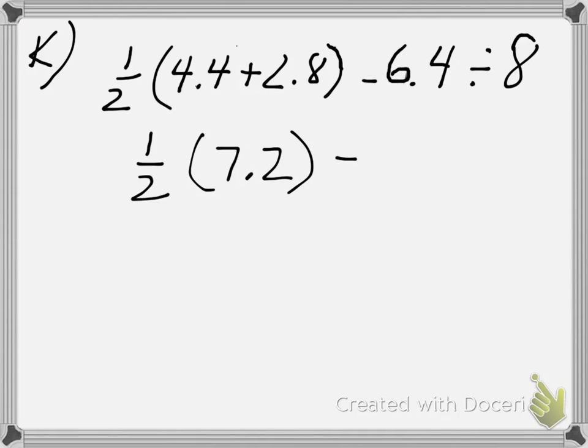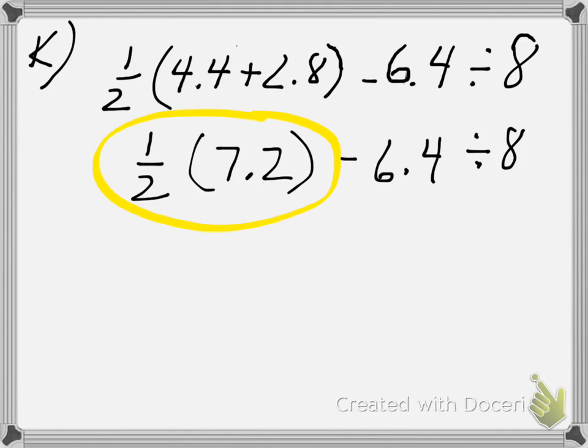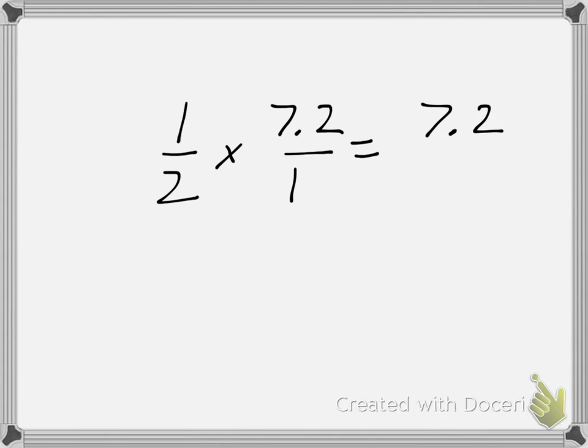We bring down our 1/2, our minus 6.4 divided by 8. So our next step is to go through and do our multiplication and division. This means multiply since we have parentheses here touching something else. So we're going to do 7.2 times 1/2. So we have 1/2 times 7.2. We can put that over 1. So we get 7.2, numerator times numerator, over 2.